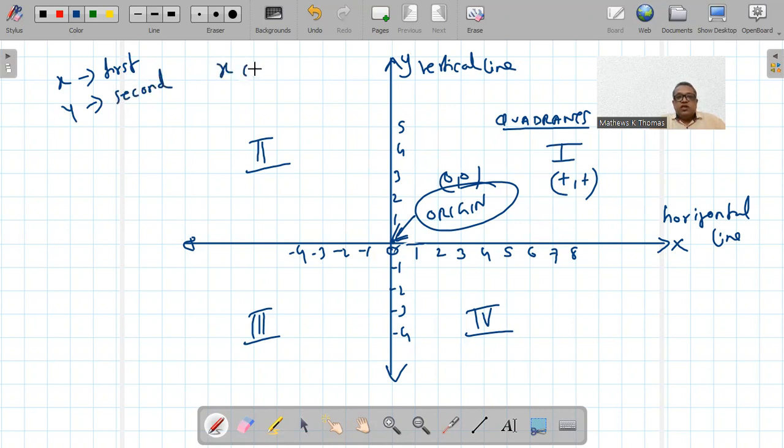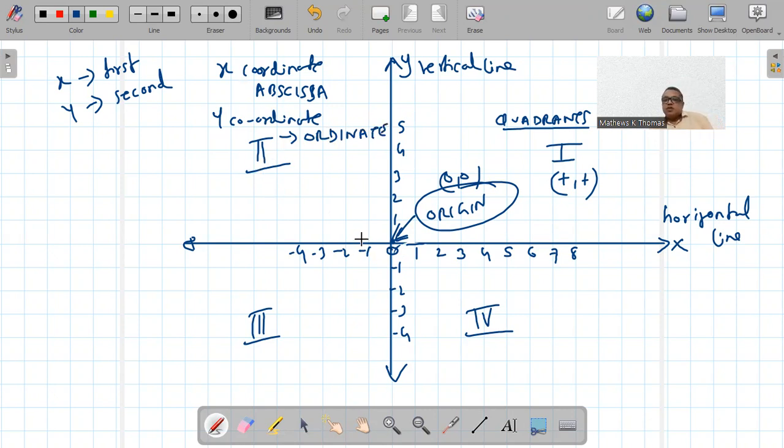The x coordinate is also referred to as the abscissa, right? And the y coordinate is referred to as the ordinate. So this can come as 1-mark questions. What is abscissa? What is ordinate?